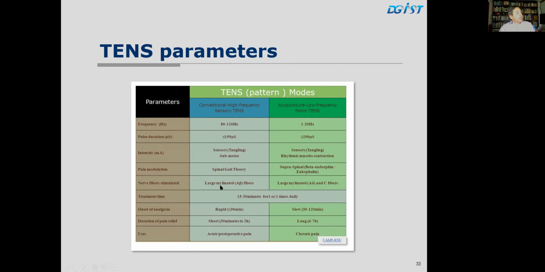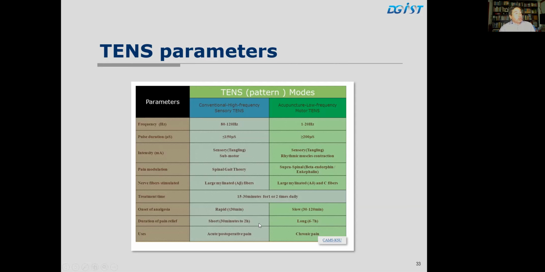So this is the gate theory, the large A beta fibers we talked about. These would be directly on the A delta and C fibers in order to increase the endorphin release. So a rapid analgesia for sensory TENS, because this is ultimately through enkephalins and endorphins, which are the endogenous opioids, this would be a slow analgesic response for motor TENS.